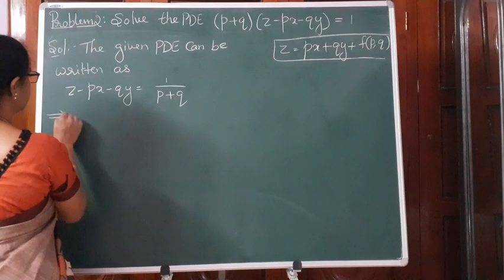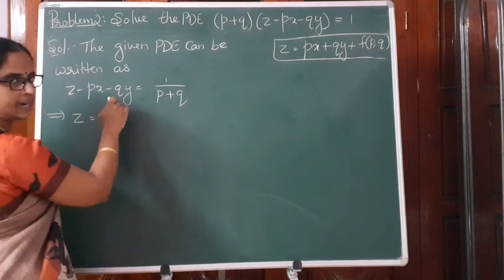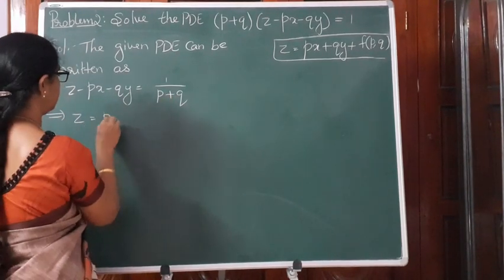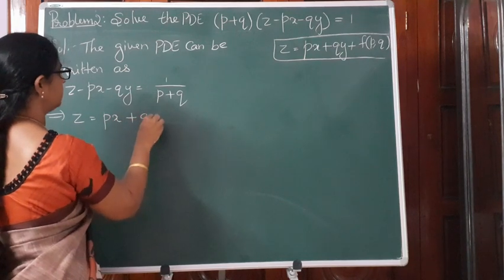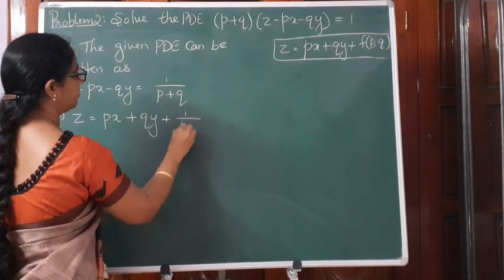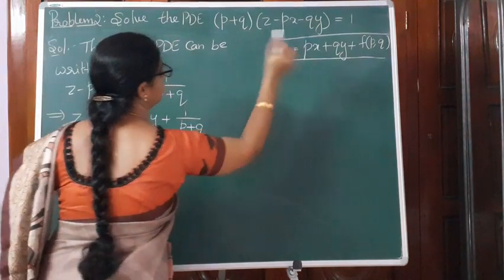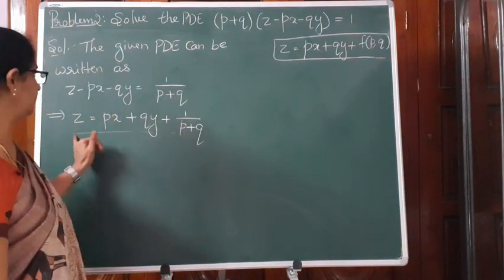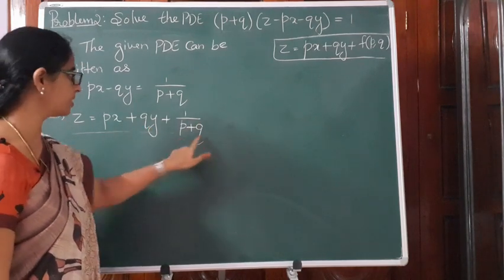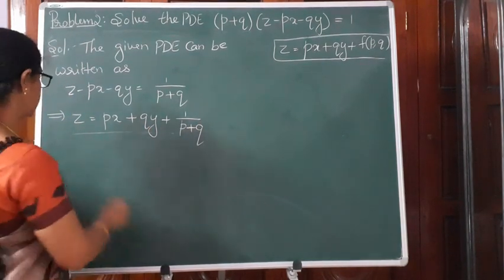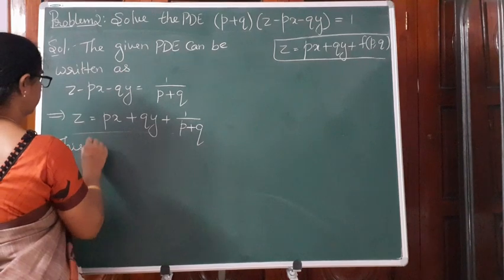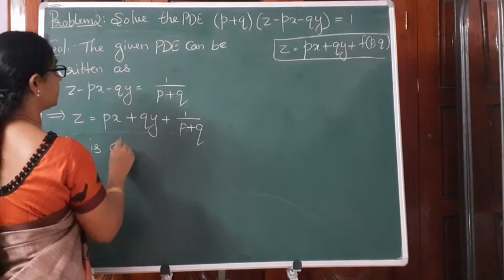Or z = take −px and −qy to the right hand side, then we get z = px + qy + 1/(p + q). Now if we check, this equation is in the form of standard form 4, z = px + qy + a function of p and q. So this is standard form 4, or this is Clairaut's equation.